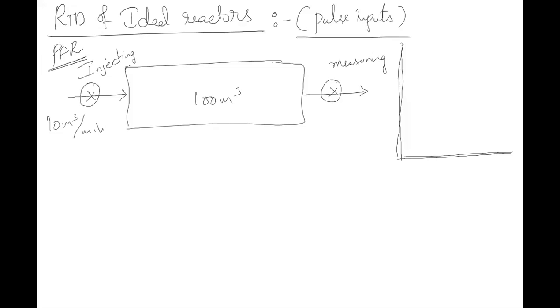What is a pulse input? You are putting all the red particles in at the same time, no? At time t equal to 0, on a single plane. Clear? Now, imagine that planes are going into the reactor and planes are coming out of the reactor. Our brain has to be 100% working here.